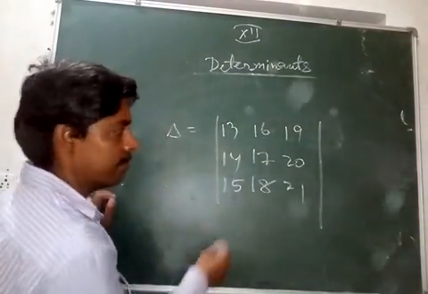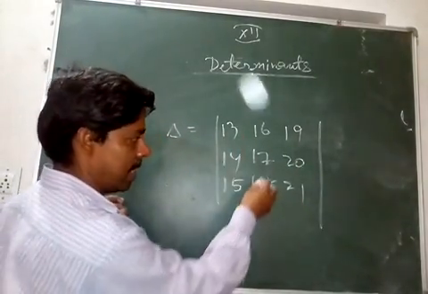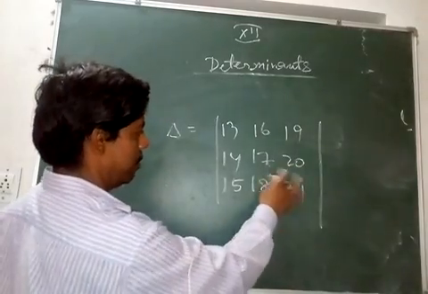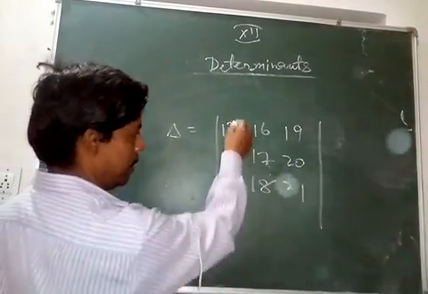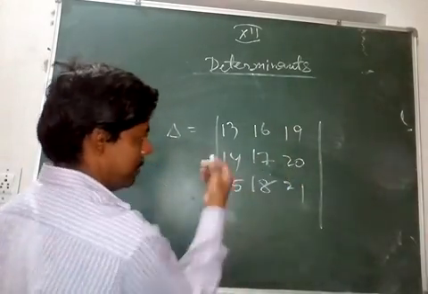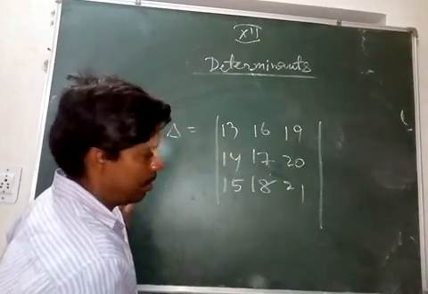Otherwise it's a very lengthy one. Expand along 13, multiply like that. That one is called Sarrus diagram. When you are multiplying like this it is known as the Sarrus diagram. But we are not doing the Sarrus diagram, we are trying to see some property. So maybe we can use column 1 is equal to column 1 plus column 2 plus column 3. This will not help. So you can think on your own what to do.